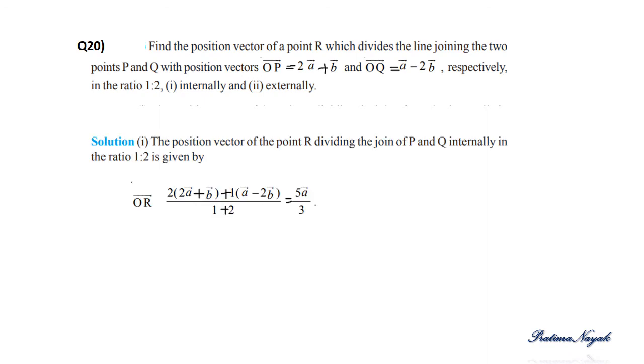So you will put in the section formula only. So if it is divided internally, it will be 2 times (2A plus B) plus 1 into (A minus 2B) vector by 1 plus 2. So it will be 5A vector by 3. Similarly, we can get it for externally, taking a negative sign in between.